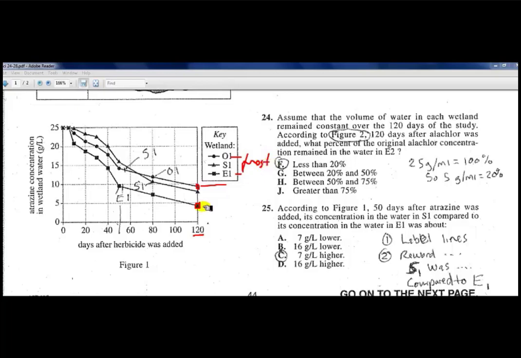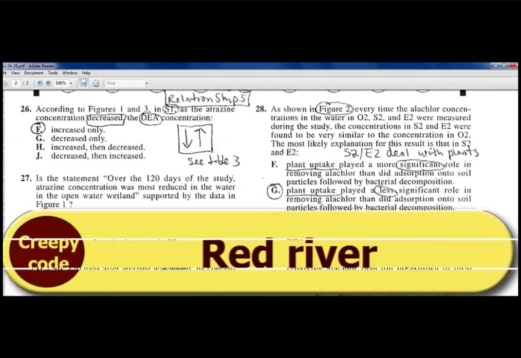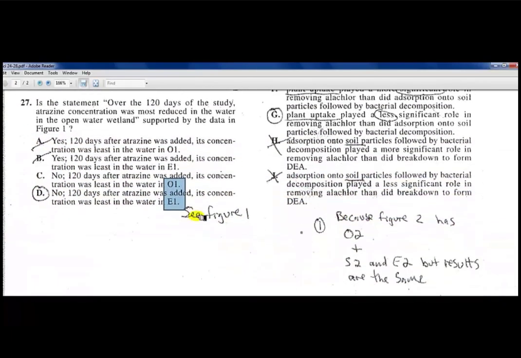And you see E is down here. E1 is the least. So the correct answer is going to be least in E1. Let's go back down to the answer choices and see that answer choice D is the correct answer here. Remember, sometimes it's going to take you a couple passes to start crossing stuff out and then go back up there and look at it again.